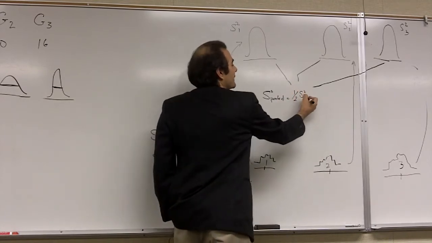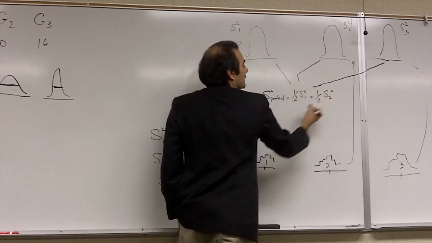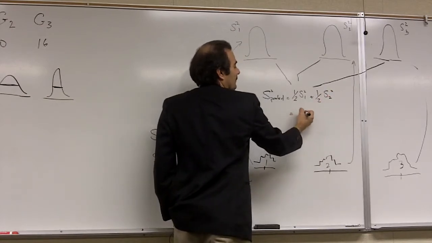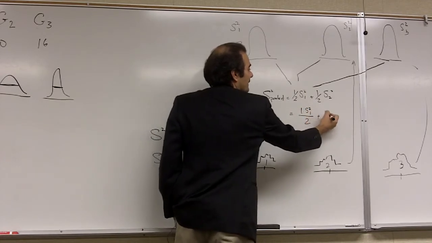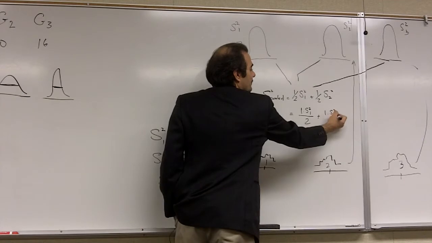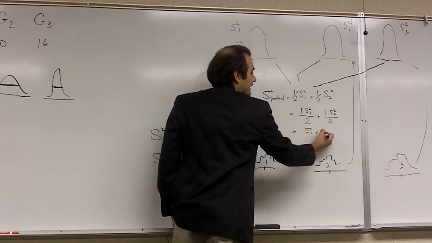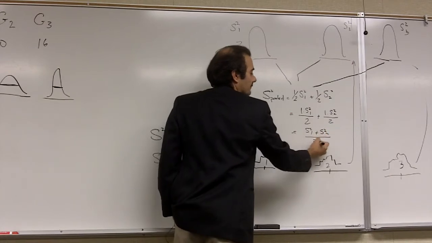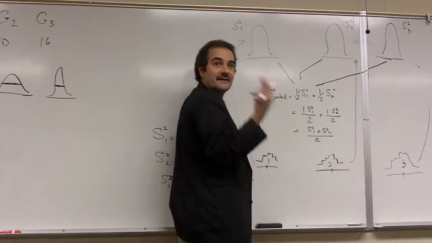So this would be 1 times S squared 1 over 2 plus 1 times S squared 2 over 2, which gives you S squared 1 plus S squared 2 over 2, which is just the natural average of these two values.